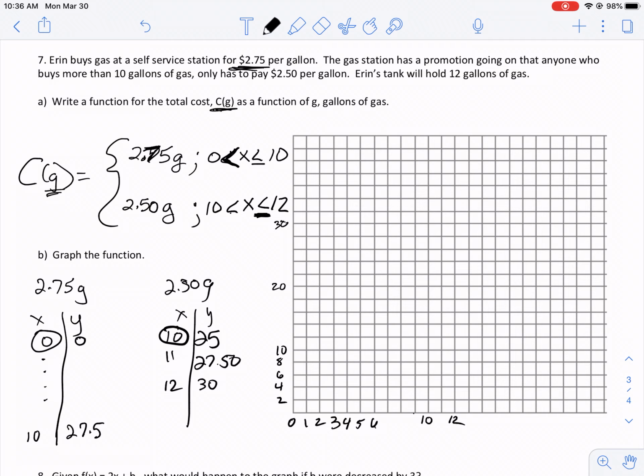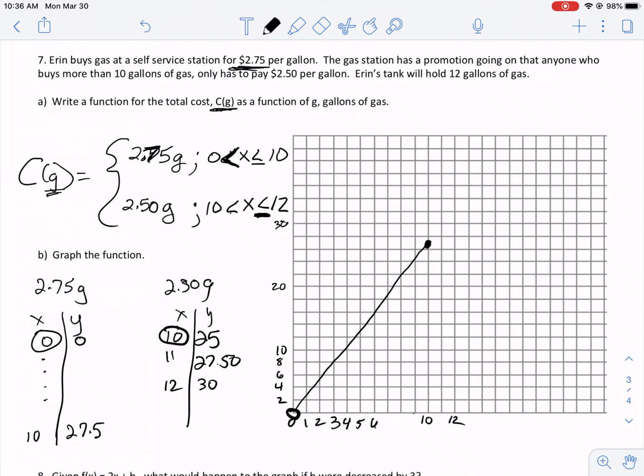You only need 2 points for a line anyway, so I'm going to have an open circle on the 0. And at 10, I'm going to go up to $27.50, which will be right here, and that's a closed circle because that's how much I will pay for 10 gallons of gas, and connect the dots.